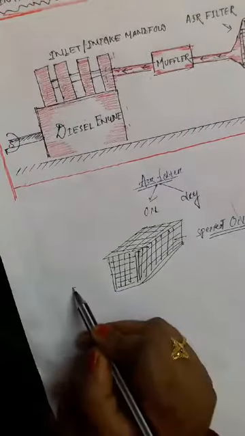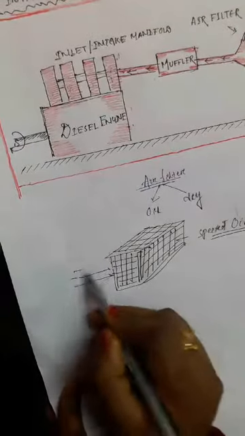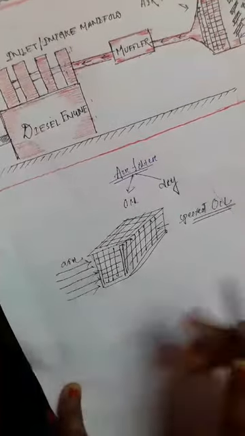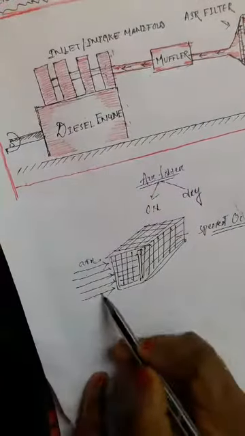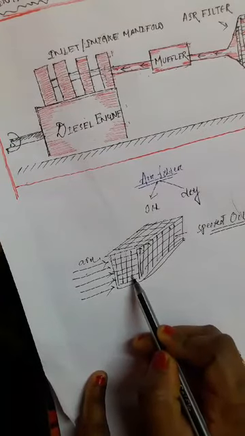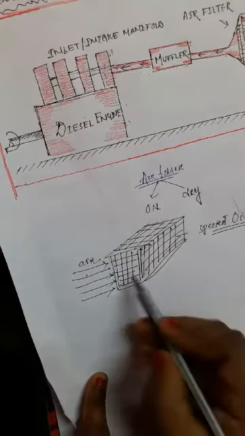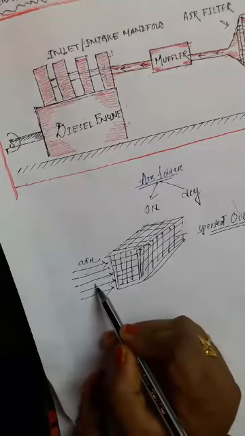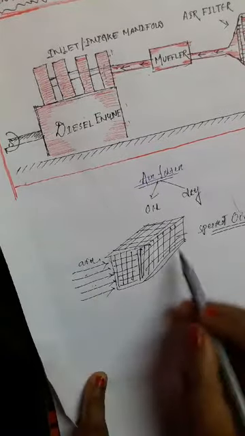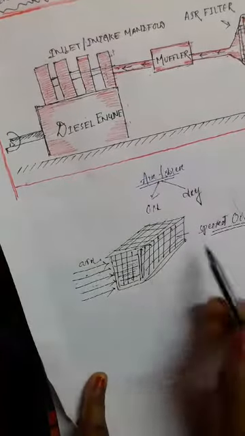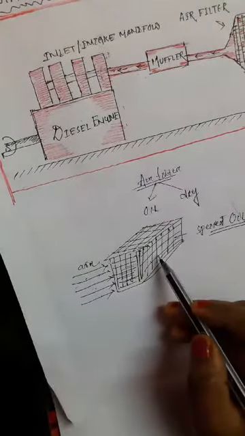As a result, whenever normal air or atmospheric air enters this filtration process, the oil, which has a specific quality to trap the foreign particles carried from the atmosphere, automatically traps them.